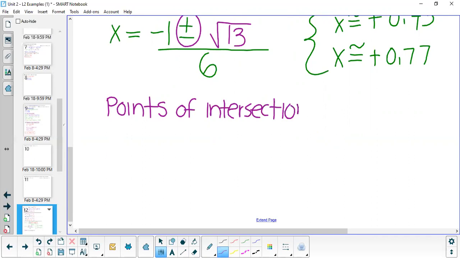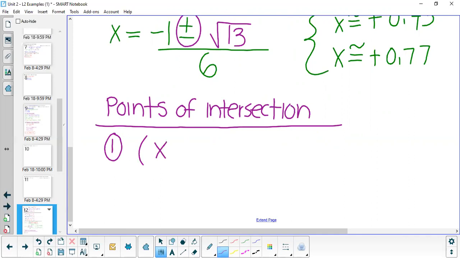Right, that are on the curve, that have those particular tangent lines. So my first point, when x is equal to 0.43, y is going to be equal to -3.38.